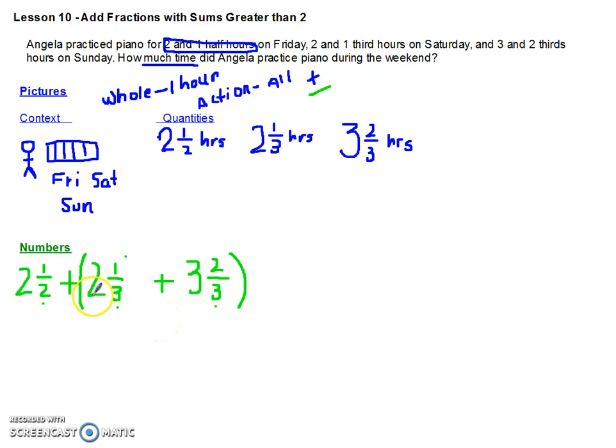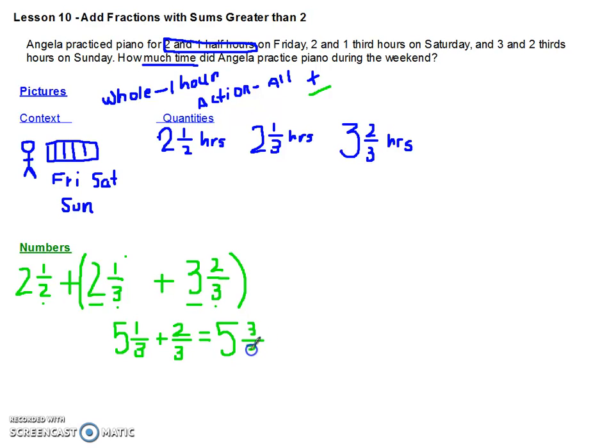So first, when we are adding our fractions, the first thing we want to do is add our whole numbers, and that's the easiest thing to start with. So 2 plus 3 would be 5. And then we will add our fractions, 1/3 plus 2/3, which would equal 3/3.